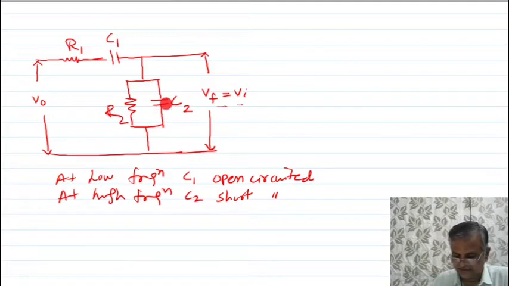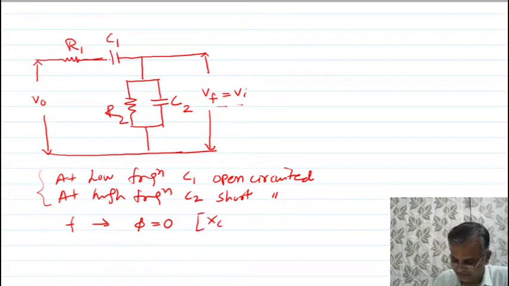At high frequency, this capacitance behaves as a short circuit, so the output of this bridge going to the input is 0. At low frequency, C1 behaves as an open circuit. At high frequency, C2 behaves as a short circuit. So between these two, there is some frequency F which gives the 0 phase shift.